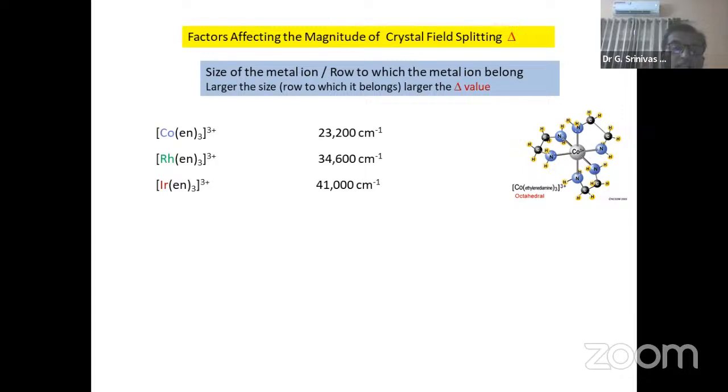Here the oxidation state of the metal does not change. Only the size of the metal ion changes. The cobalt ion is smaller than rhodium, which is smaller than iridium. That's why the iridium complex has more CFSE value. Okay, got it.